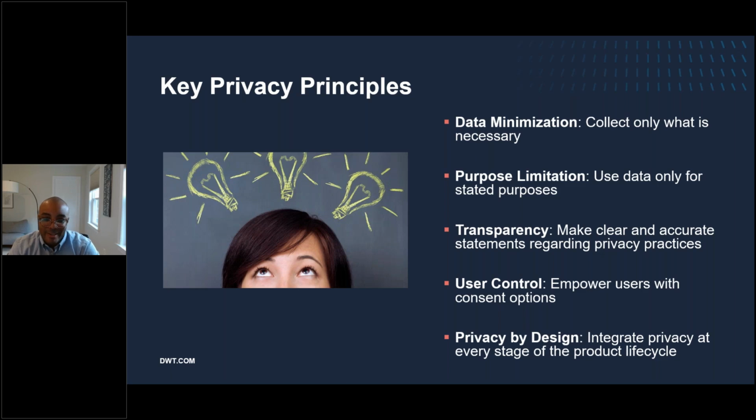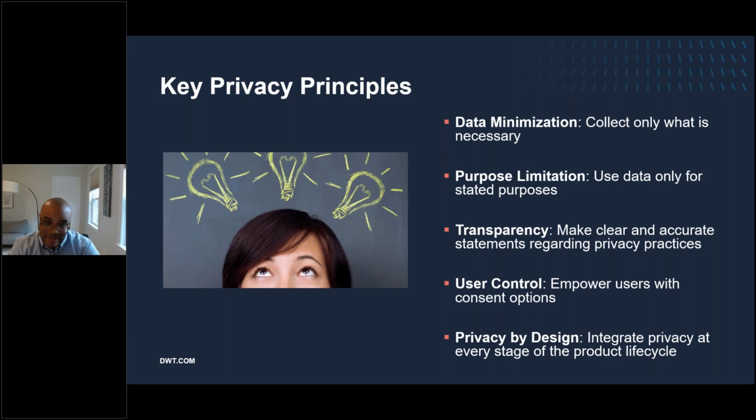So if you have a need to collect phone numbers for some reason that's relevant to your business, great. But if you're collecting, say, address information for no purpose, that's not so great. And obviously it can lead to possible issues if that data is breached and otherwise disclosed on an unauthorized basis. So make sure you're only using what you need to use is really the first point.